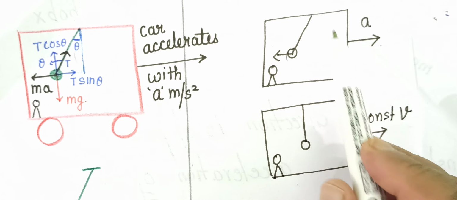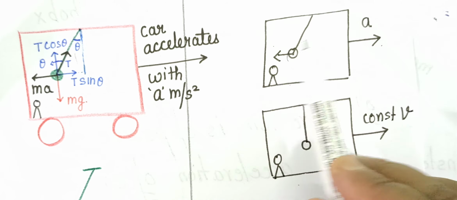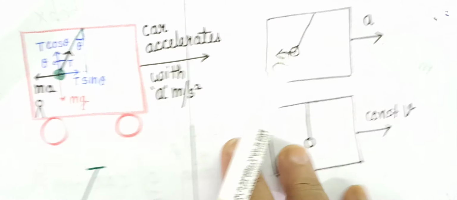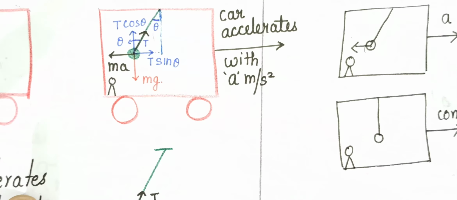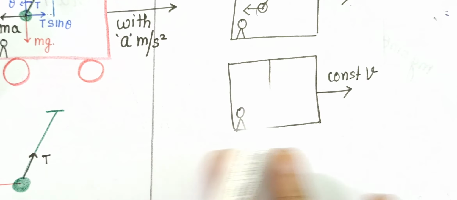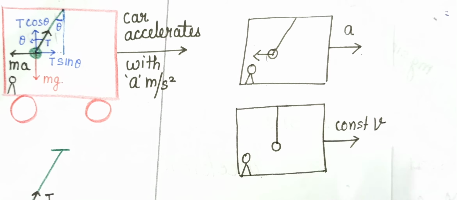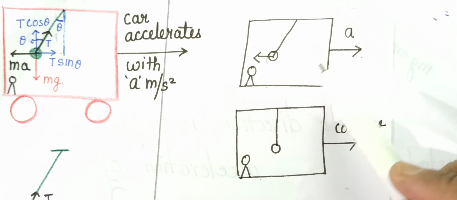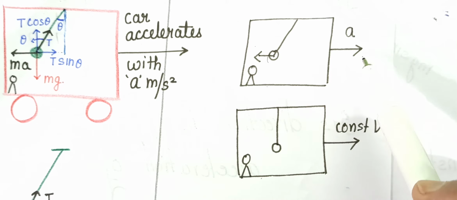That this force comes into the picture only when the car is accelerating. If the car is at rest, the pendulum is in vertical position. If the car is moving with constant velocity, the pendulum is in vertical position, equilibrium position, and it comes into the picture only when the car is accelerating towards the right.